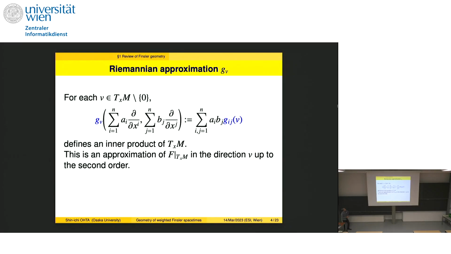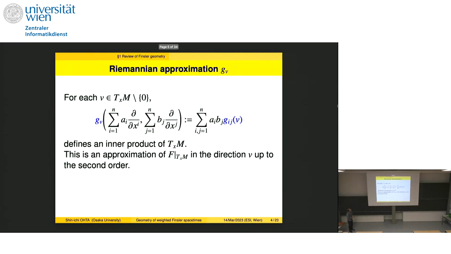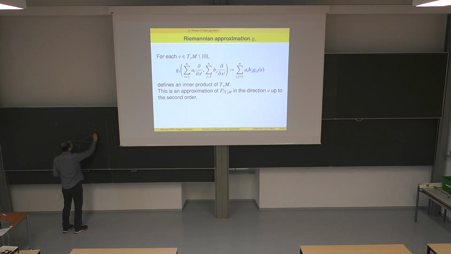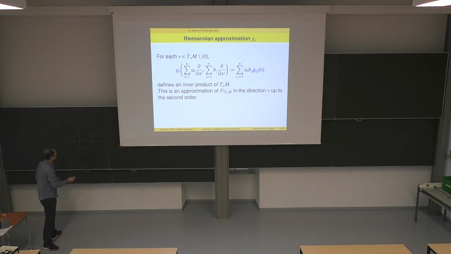By using this Hessian of the Finsler structure, we can consider a Riemannian structure on the tangent space. If we fix some direction v, then this g_ij is a Hessian, so it's a second order approximation of the Finsler structure.